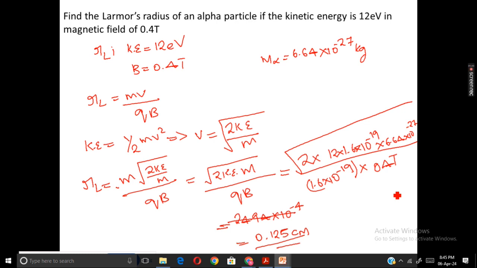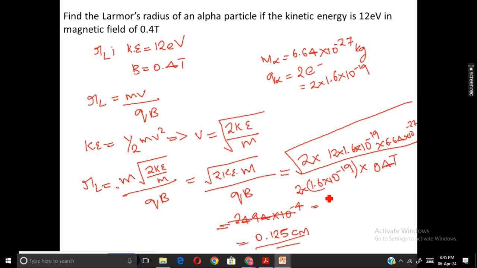Yeah, it is coming, here one more 2 is there, because the charge of an alpha particle is 2 into 1.6 into 10 raised to minus 19.